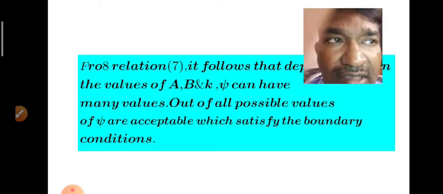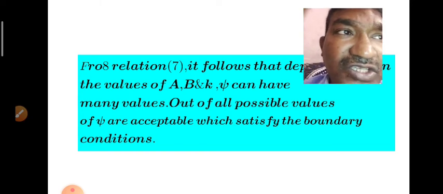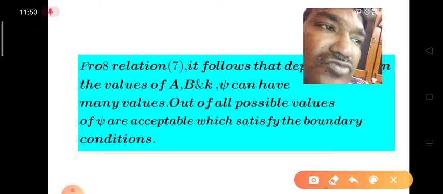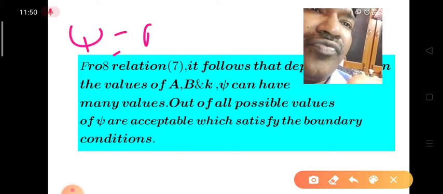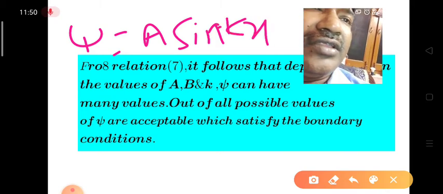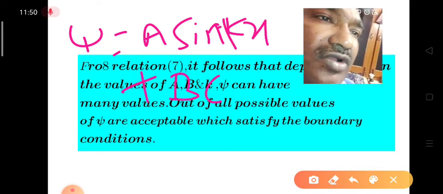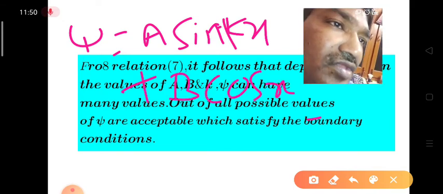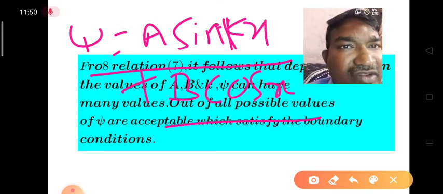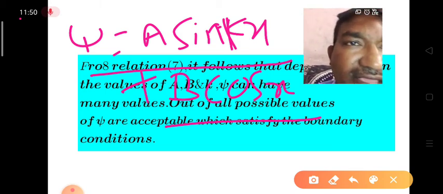As I have mentioned, equation 7 is psi is equal to a sin kx plus b cos kx. The value of psi in equation 7 depends on a, b and k.